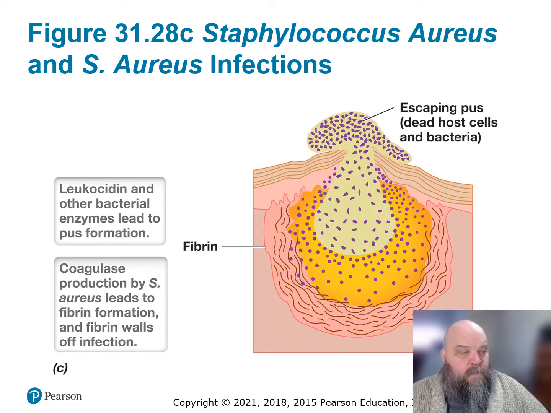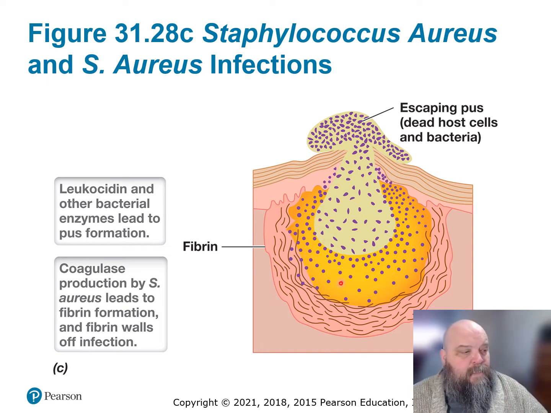And when you look at the infections, remember toxin, pimples, impetigo, things like that, you have the boil, the pimple, whatever, down into either a pore or some opening in the skin, a scrape, a cut, or just like I said, a pore, hair follicle, whatever.